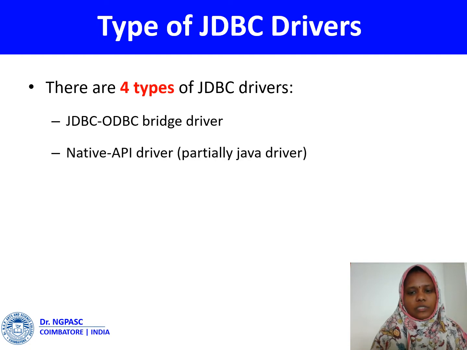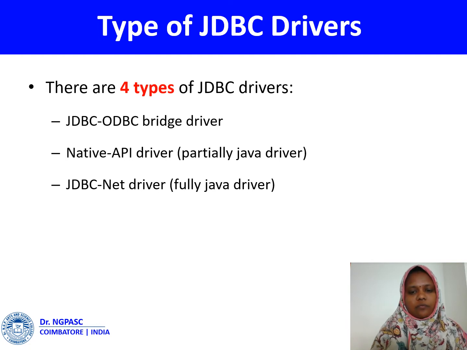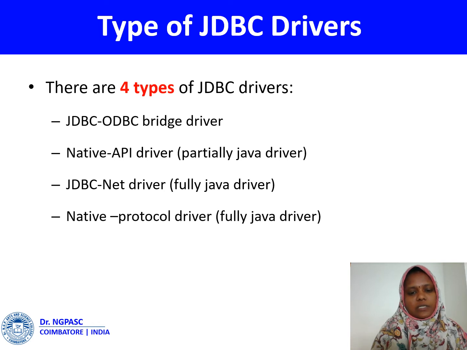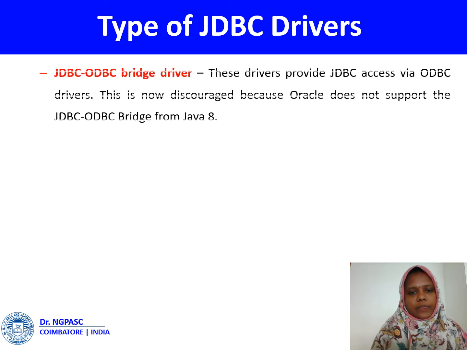This is a partial Java driver; the code for the native API is partially Java. The next one is the JDBC net driver. This is fully created for Java, a fully Java driver. The final one is the native protocol driver. This is also a fully Java driver. Let's see one by one.